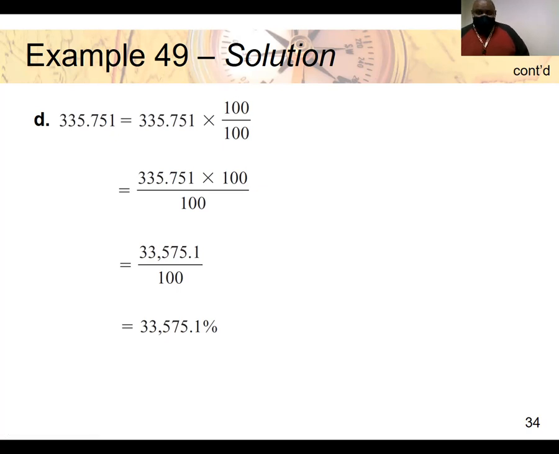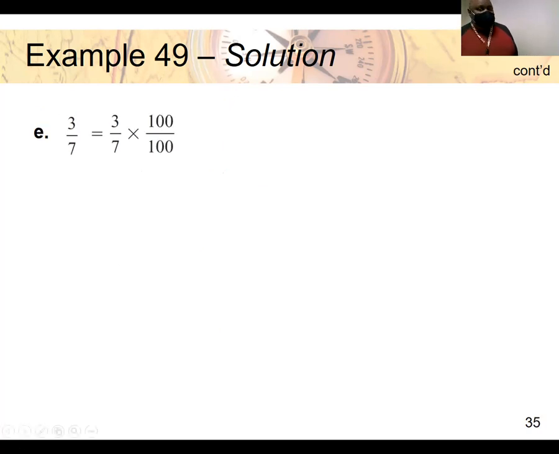Okay. Now with the fractions, like in part E, let's say you want to convert 3/7 to a percent. The way that problem could be done would be probably multiply, I think, by 100 over 100, and then take that 3/7 and multiply by 100. That will be all over 100.